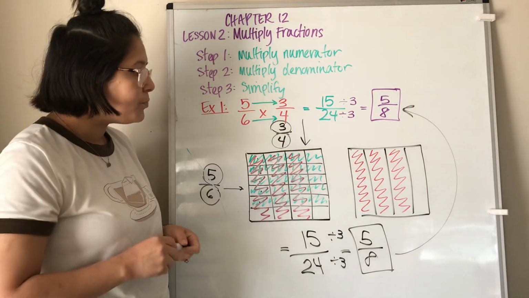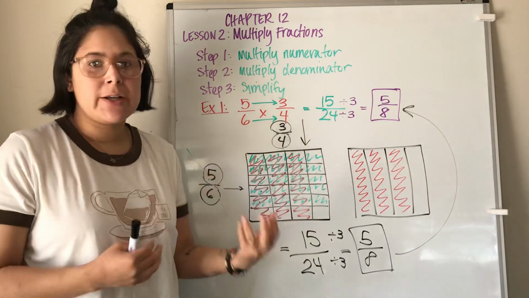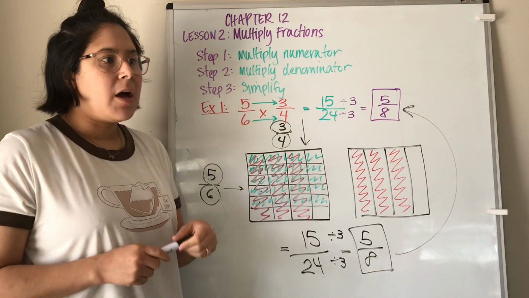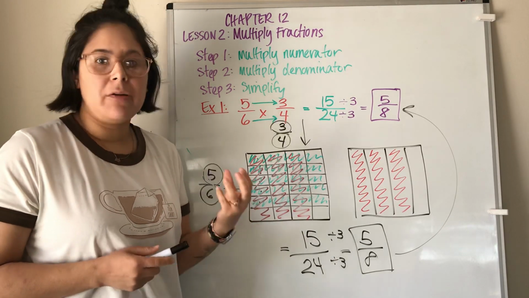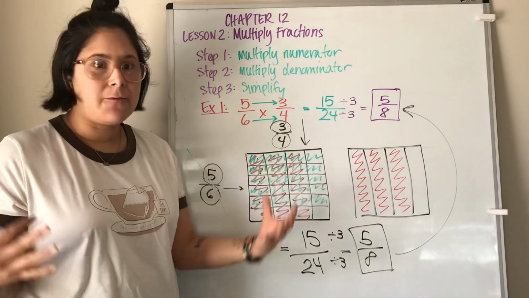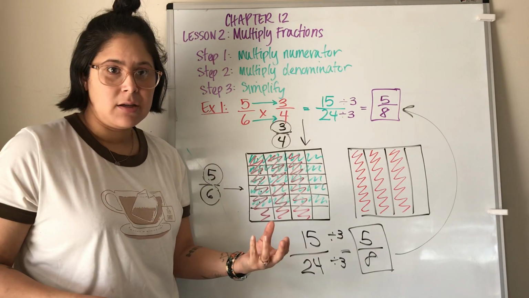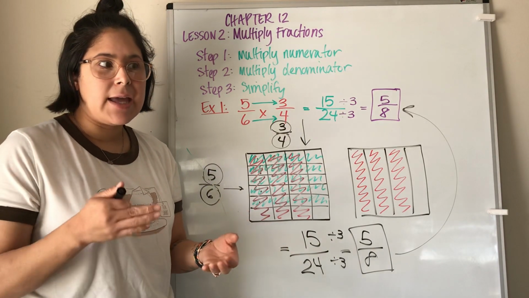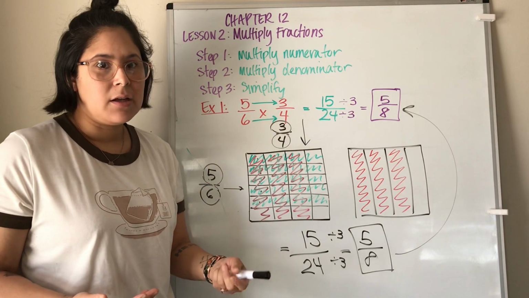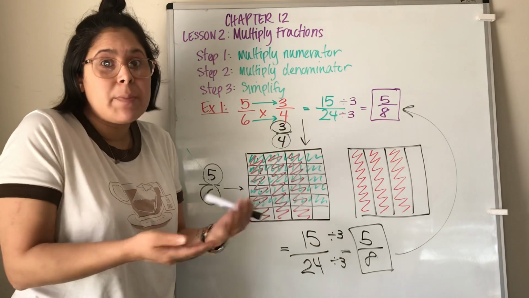Okay? So some of you guys were asking, how do you multiply two fractions and you get a smaller number? Well, if a fraction is a part of a whole, it's a part of something. So like a pizza, a full one pizza, okay? And if I have part of that pizza, and then I cut it into smaller parts of that pizza, I'm going to continue getting smaller parts of the pizza.